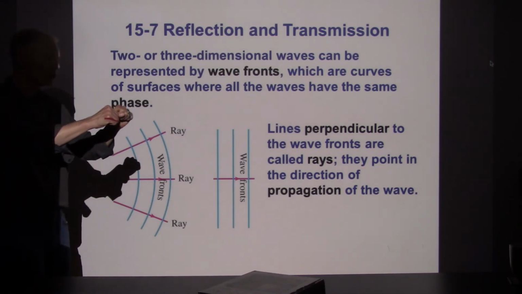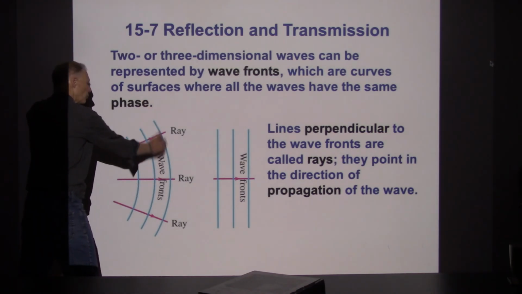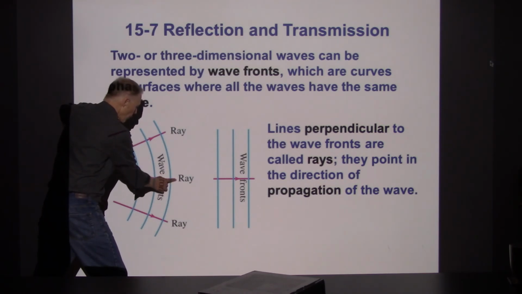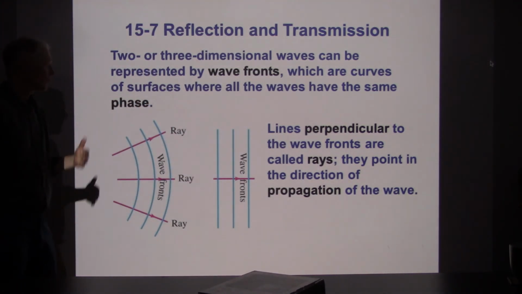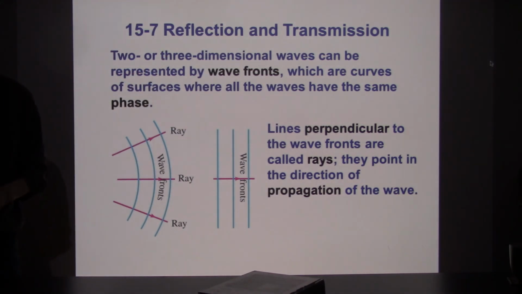If you're very close to the speaker, then this curved effect is very prominent. But once you're very, very far away, you're only looking at a small region of this. And if I'm only looking at a small region, then to a good approximation, I can treat this as if it's just the plane wave propagation.